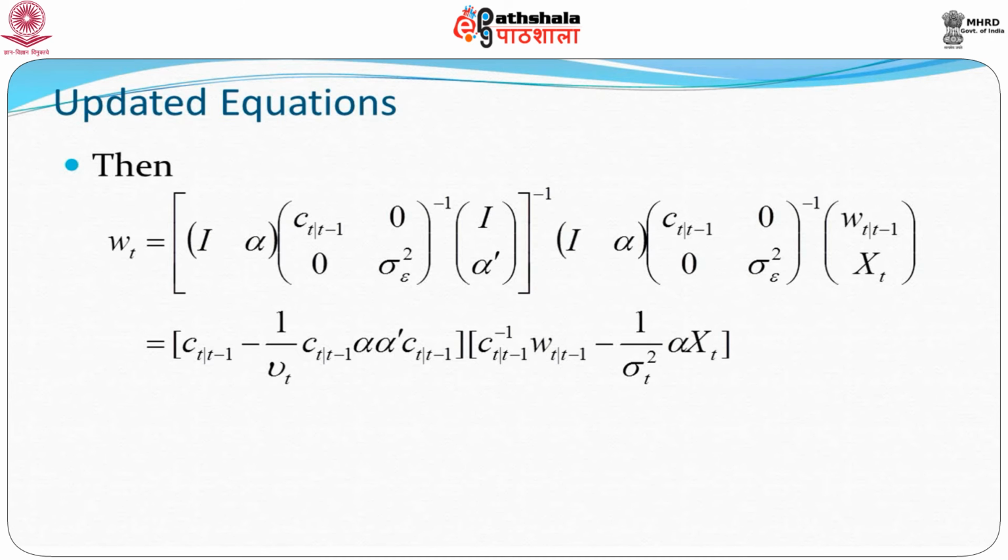And then after a little bit of algebra, we can write this Wt as Ct given t minus 1 minus 1 by dt into Ct given t minus 1 alpha prime Ct given t minus 1, with Ct equal to Ct given t minus 1 minus 1 by mu t Ct given t minus 1 alpha prime Ct given t minus 1.